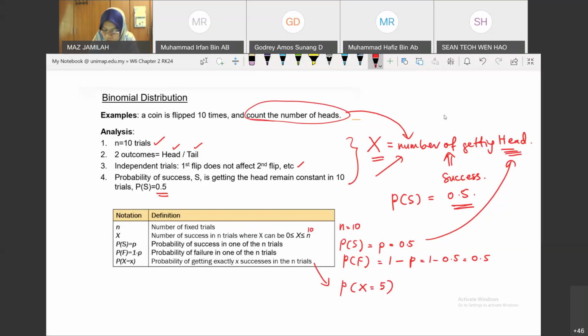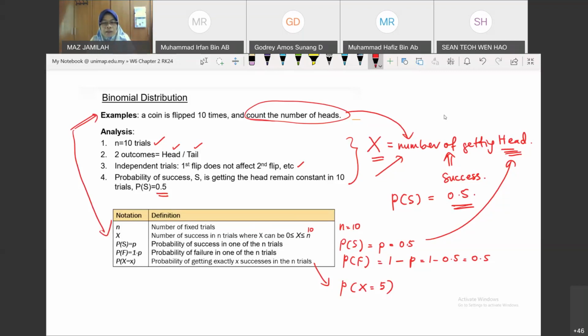So this is what we call the probability of random variable X getting 5 hits. These are all the fundamental things of how you can write your binomial experiment in terms of notation.